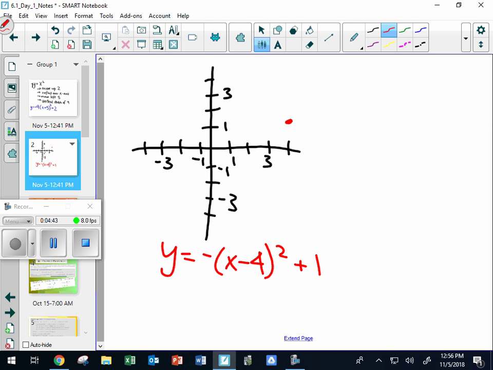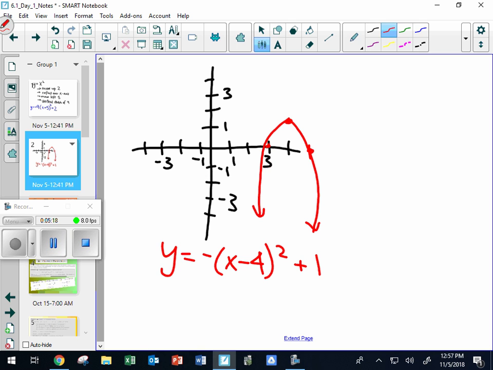So our vertex is at 4, 1. Is our graph facing upwards or downwards? Downwards. All right. So what other piece of information might be helpful? We know it's facing downwards, right? What is our A coefficient in the front there? Do we have a vertical stretch? No. So it's just, if you go over 1, you go down 1. And then we know it's downwards.